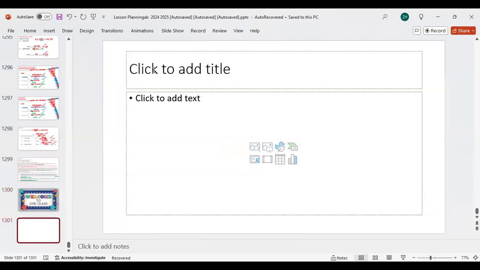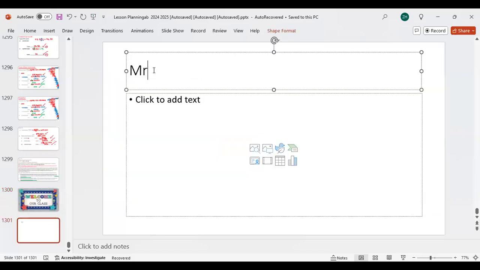All right, so my name is Mr. Patil. Today is Monday, the 9th of December, 2024. The subject is, of course, mathematics.